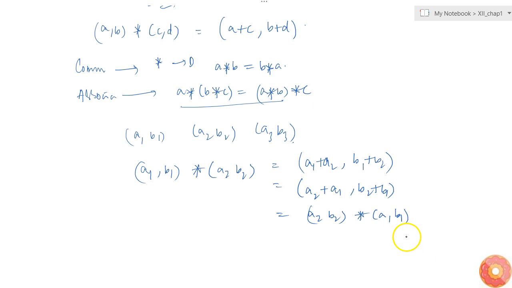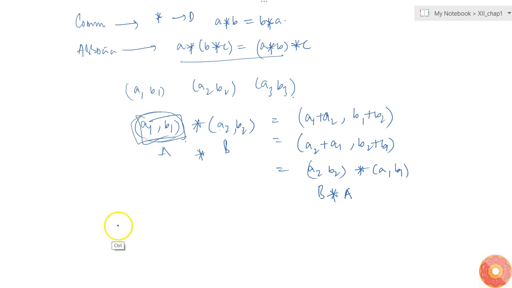So it's very clear that the commutative law is followed, that is a star b is equal to b star a. You might be confused because we have two elements here, (a1, b1) and (a2, b2). But nothing to fear, this commutative law works as long as the total first element and second element follow this principle. So you have to treat this whole thing as one element.